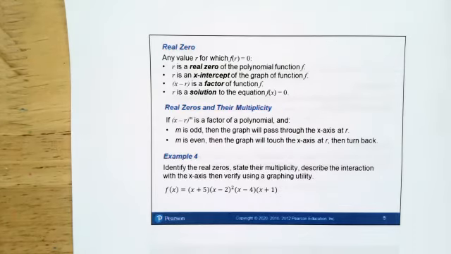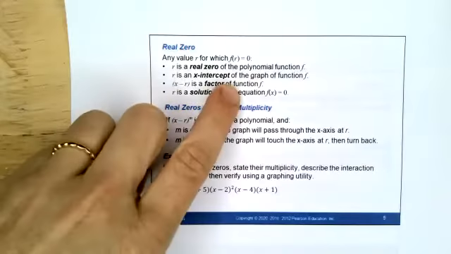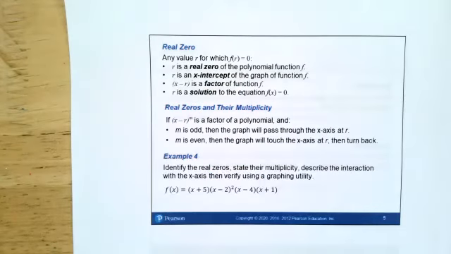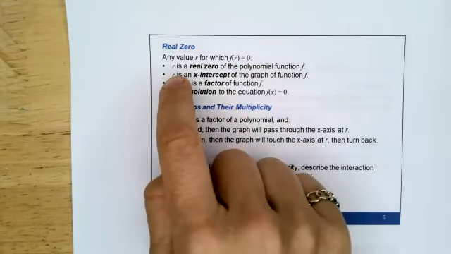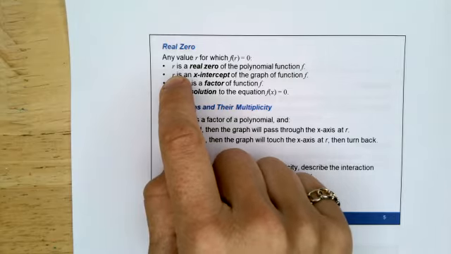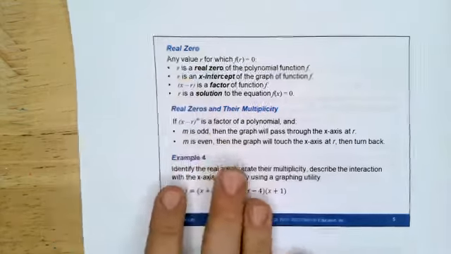So we call the real zeros of these polynomial functions R, and R is the x-intercept when you graph it, okay? Remember, to find the x-intercept, we set y equal to 0, so that means that when y is 0, x is R, okay?